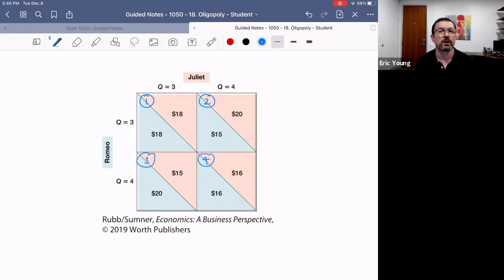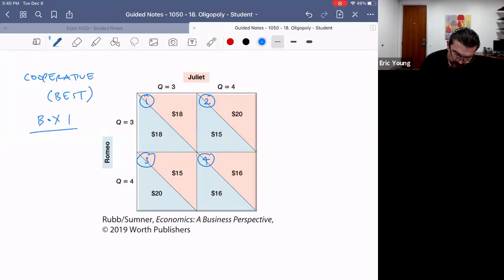If you take a look at this, if Romeo and Juliet formed a cartel, formed a collusive arrangement, decided to act as if, the cooperative solution, in other words, the best possible outcome for them would be here in box 1, because in box 1, their combined profits, their combined money is the best.